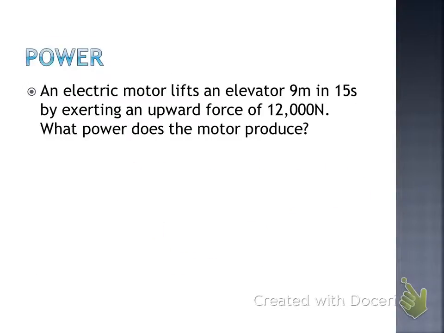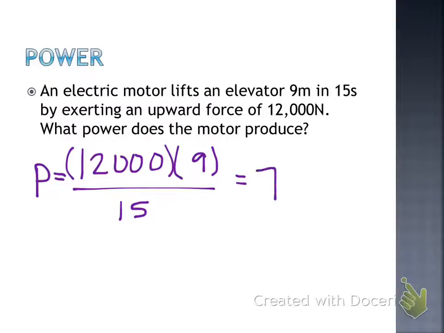I think you can go ahead and do this one on your own. An electric motor lifts an elevator 9 meters in 15 seconds by exerting a force of 12,000 newtons. Let's find the power output of that motor. Good.